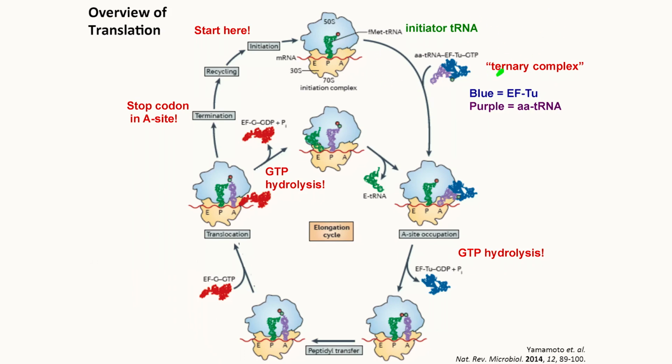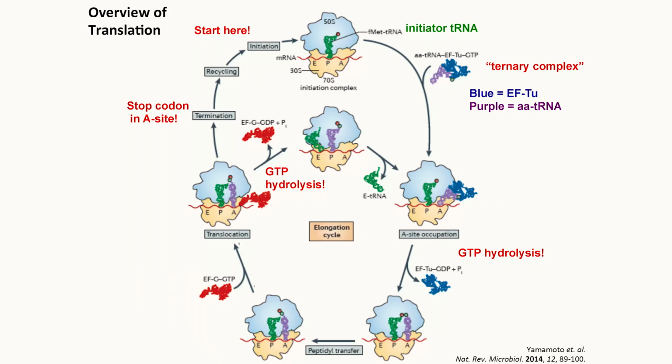Somehow this complex delivers an aminoacyl tRNA to the ribosome, and we're going to look at this process in detail next week. This will be one of our case studies thinking about experiments and how experiments have supported a specific kinetic model. So here we have a complex where the tRNA is ready to occupy the A site.